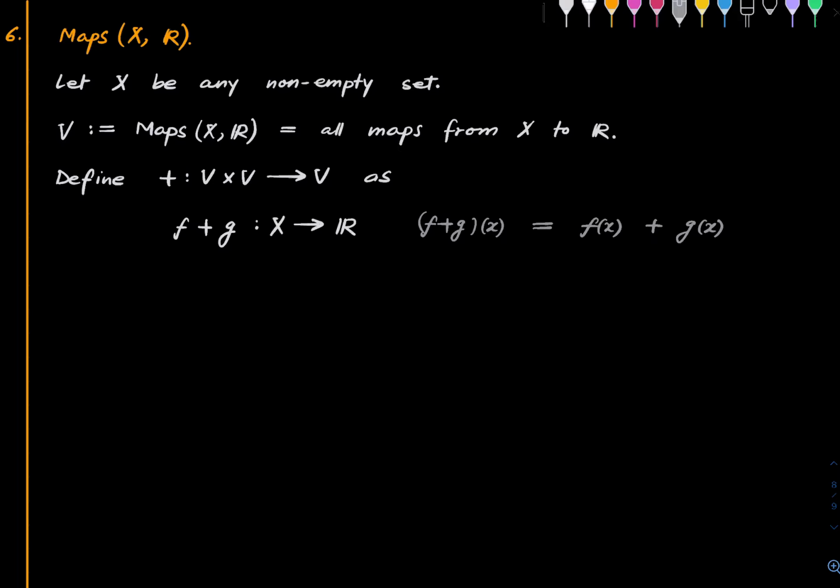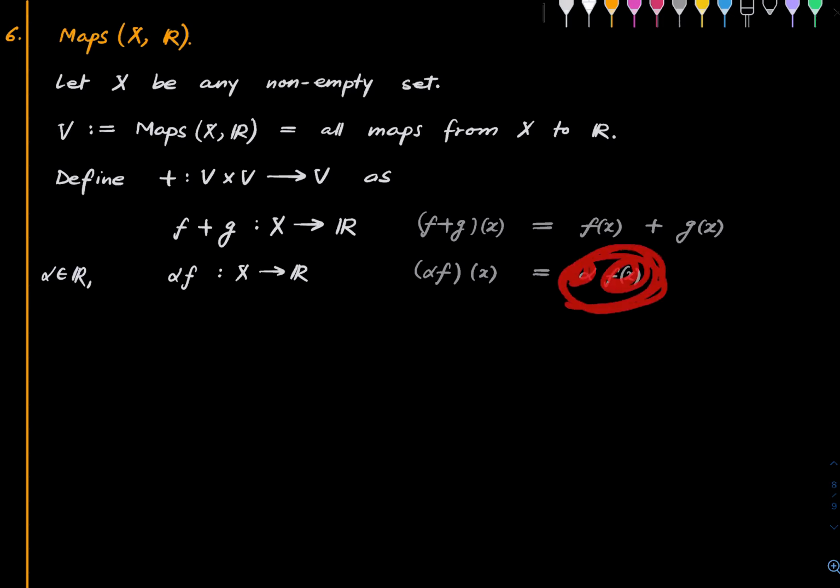Similarly, if alpha is some scalar, meaning some real number, then alpha f is a function from X to R. How is it defined? Alpha f consumes some x and produces alpha times f(x). So this is a real number, this is a real number, we are just multiplying them here, and this is our definition.